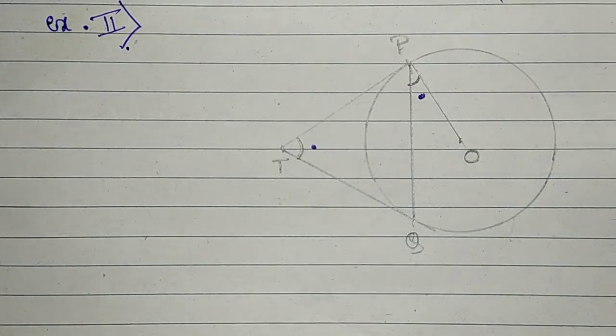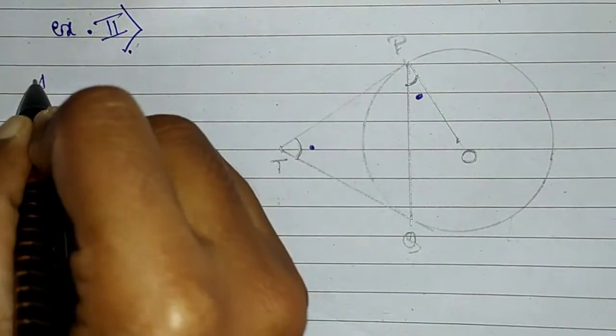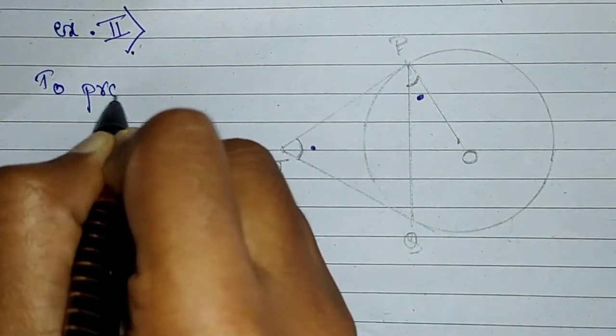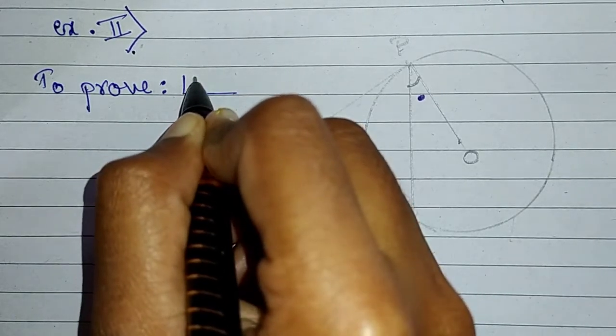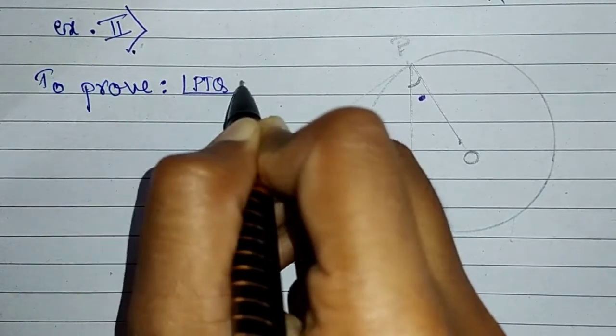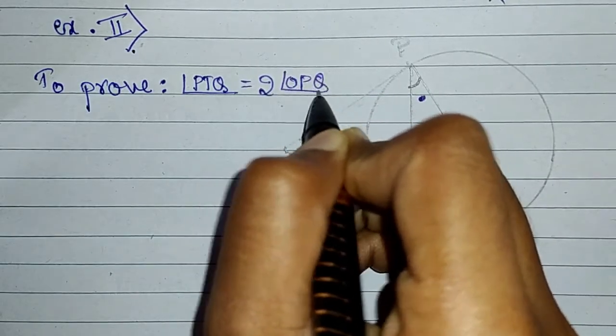So first write down, given a circle with center O, an external point T and two tangents TP and TQ to the circle. P and Q are the points of contact, and we need to prove angle PTQ is equal to 2 times angle OPQ.